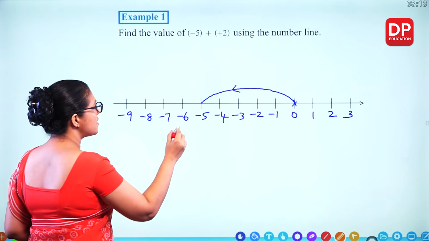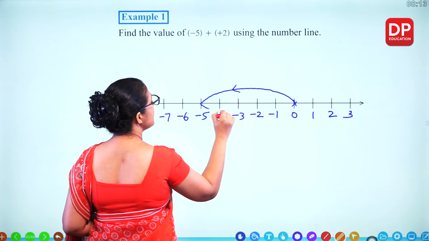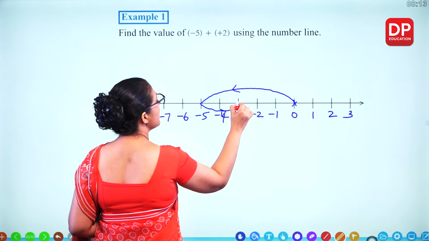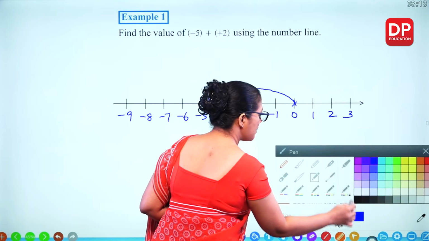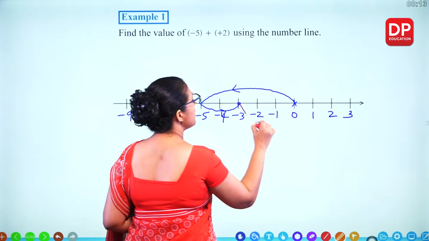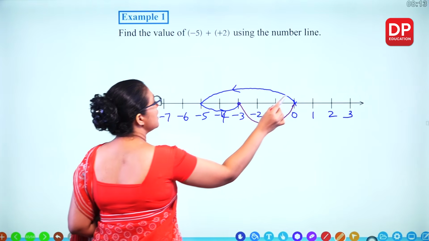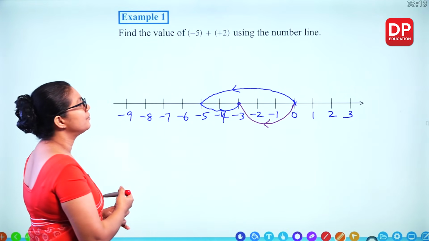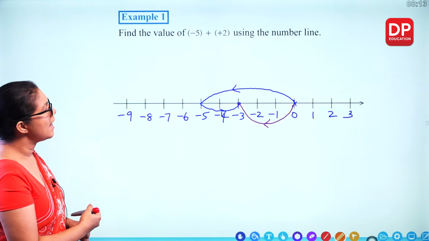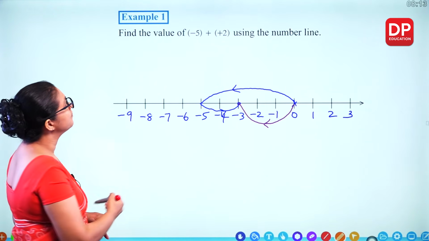Plus 2 means 2 squares to the right again. So what's the final position? Final position is here. So that means here to here from initial point. So that's minus 3.